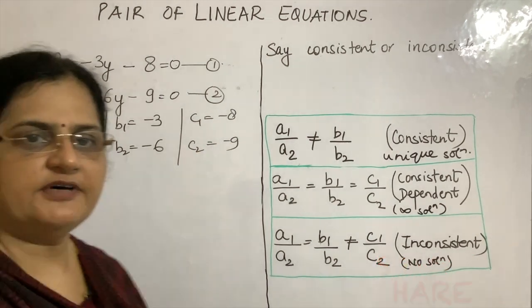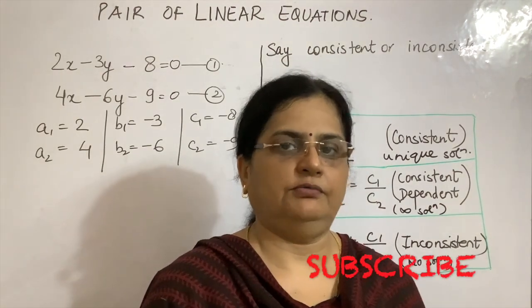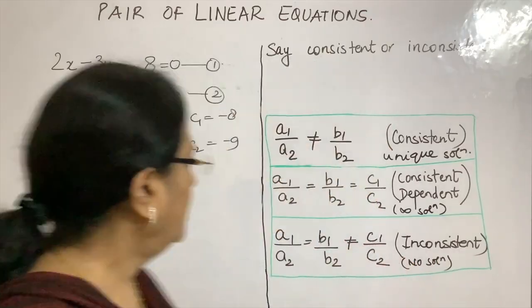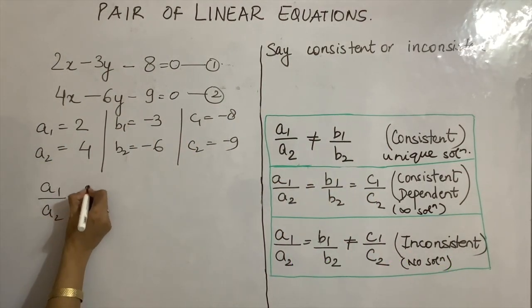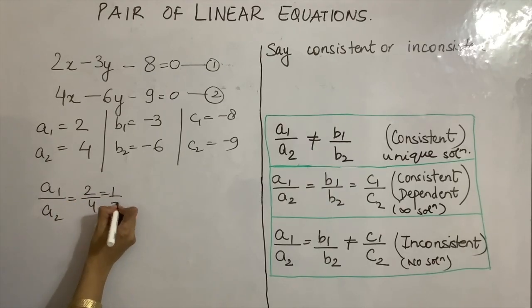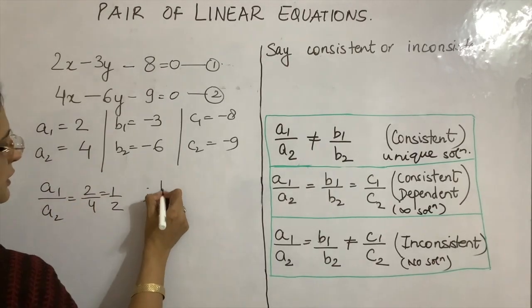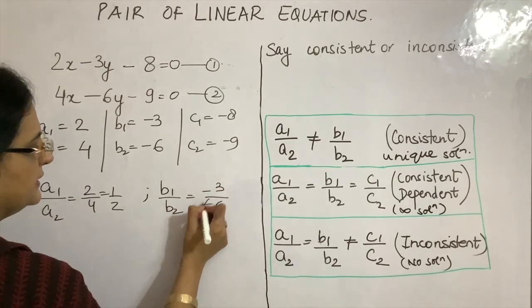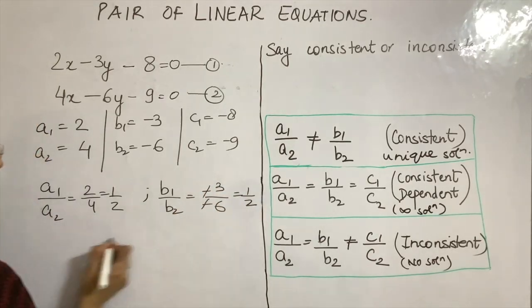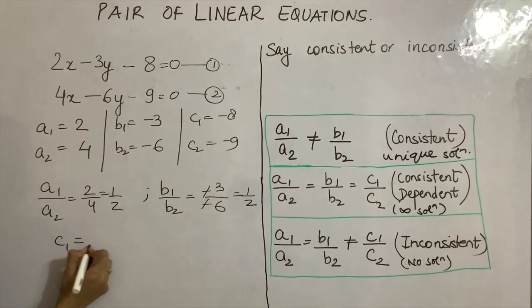I am doing it very fast because this speed should be what you are following in the exam. Now, A1 upon A2 is what? 2 upon 4, 1 upon 2. What about B1 upon B2? Minus 3 upon minus 6. Cancels out. 1 upon 2. And what about C1 upon C2?